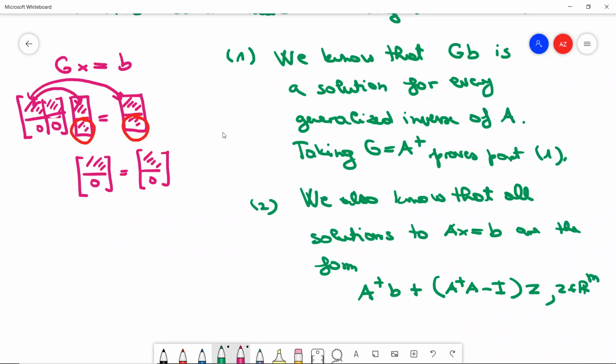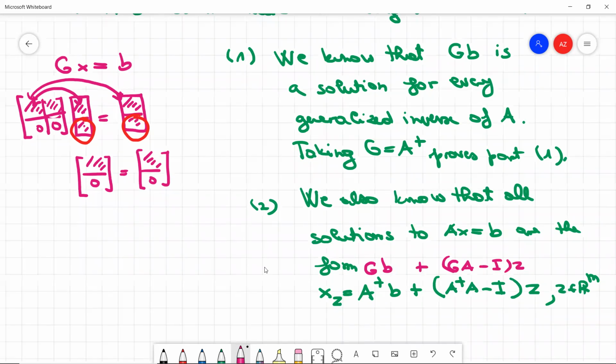This is what we know. So those were those X Zs. In general, we had GB, and GA minus identity Z. And we use this now for the specific G, A plus.